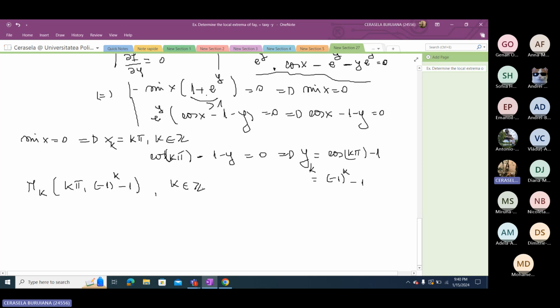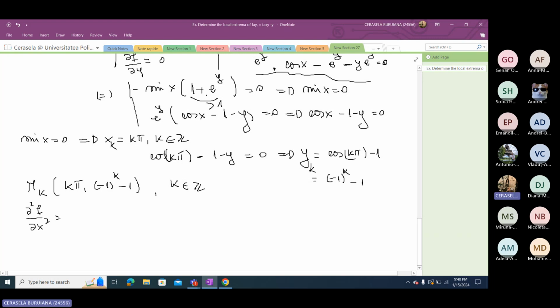Okay. Now what will I do next? I will compute the Hessian, but first I need the partial derivatives of second order. Because I don't want to make mistakes, I prefer to compute them here and then replace them in the Hessian.